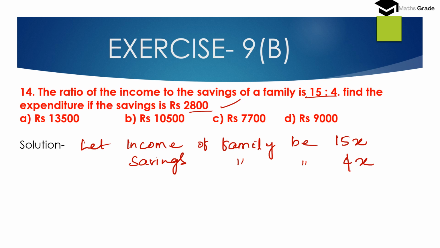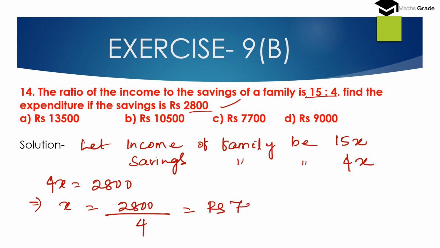It is given that savings is 2,800 rupees. So 4x will be 2,800 rupees. So x will be 2,800 rupees divided by 4, which is equal to 700 rupees.